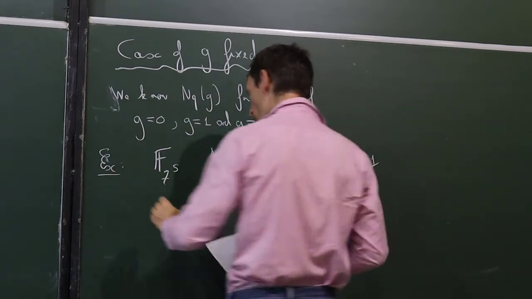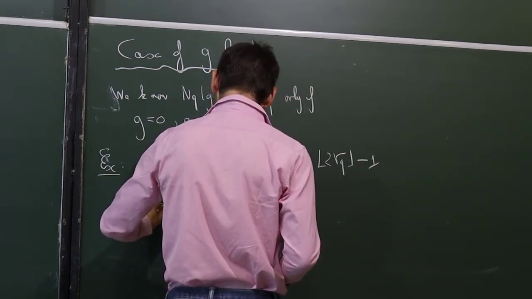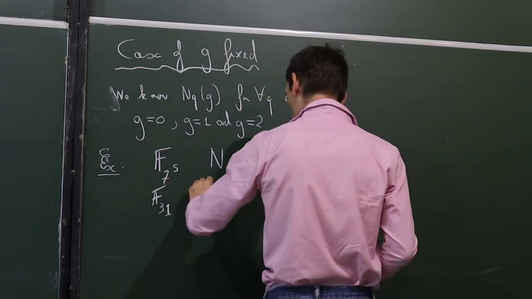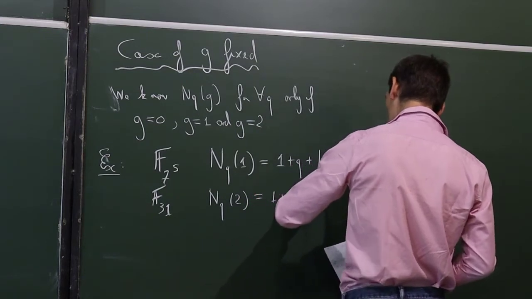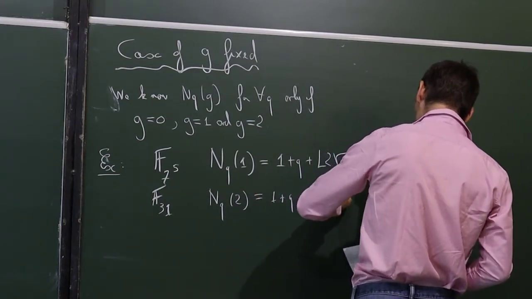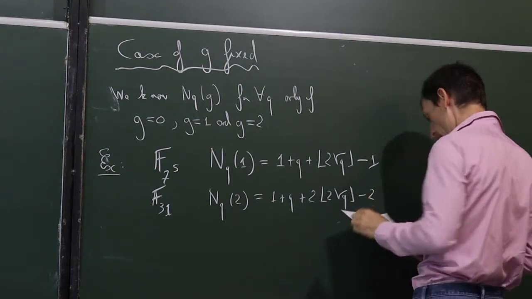And if you want another example, in genus 2 over F31, N_q(2) is not 1 plus q plus 2 times the integer part of 2 square root of q, but this minus 2.